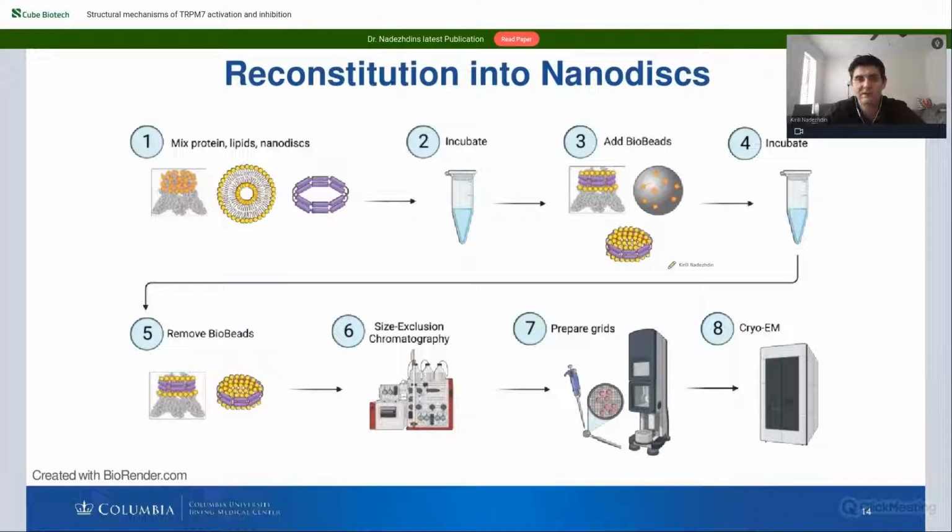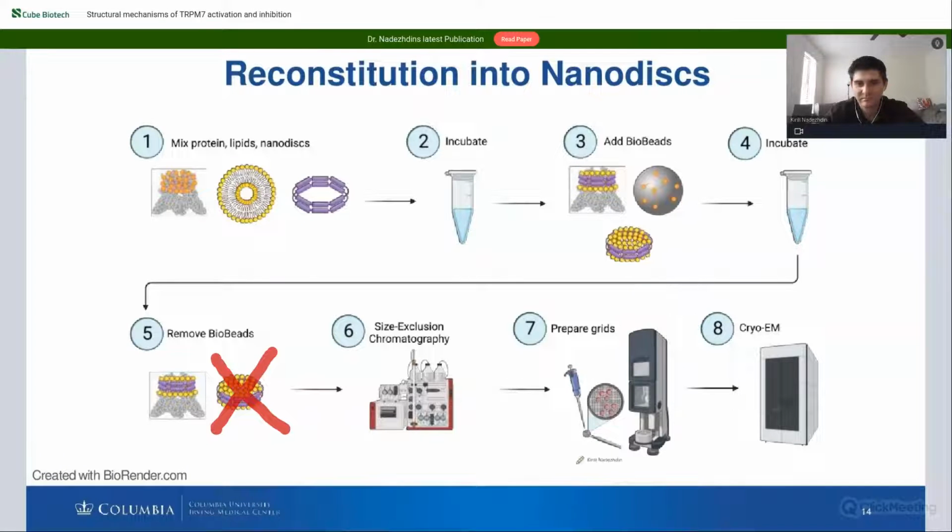Then the magic step happens: we add biobeads. The biobeads bind all the detergent from the solution, and it forces the scaffold protein to wrap around our receptor. So we incubate for quite some time. After that, we remove the biobeads and do size exclusion chromatography, where we just get rid of empty nanodiscs.